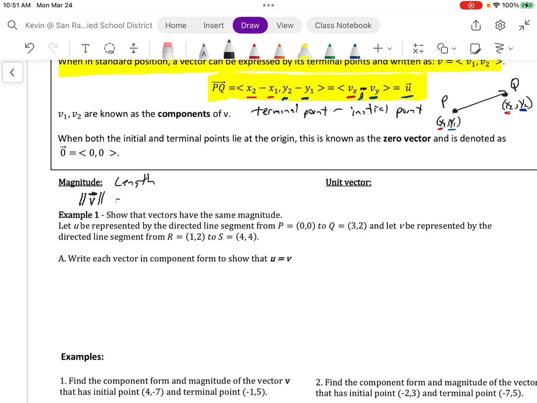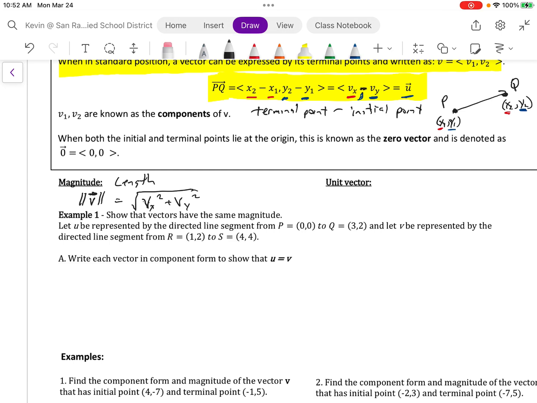The equation is the square root of V sub x, the x component squared, plus V sub y, the y component squared.